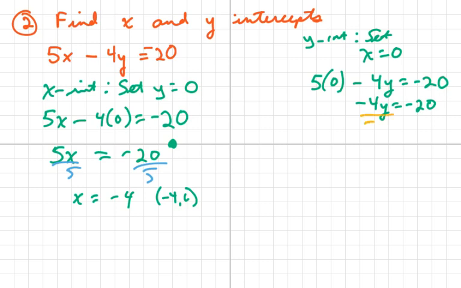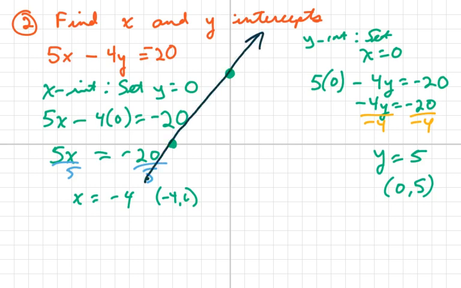Divide by -4, Y equals 5. So then the ordered pair is 0, 5. So there's 2 points on the line, and then we can connect those with a line. And of course, you'll use a ruler or straight edge on the test to make your line straight.